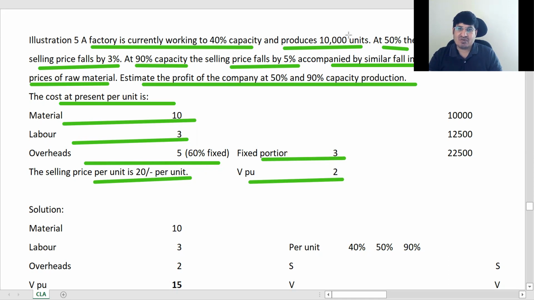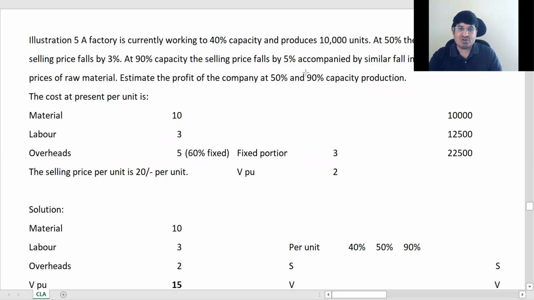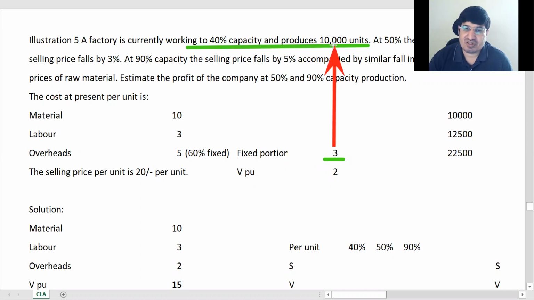The way data is given, the first part of the data is that the factory is working at 40% capacity and produces 10,000 units. So fixed cost here would have been computed for 10,000 units. Always take it as per the first data. So 3 per unit into 10,000 is your fixed cost. So it is 30,000 is the total fixed cost. Understood this much, everyone? 3 into 10,000 is your fixed cost.